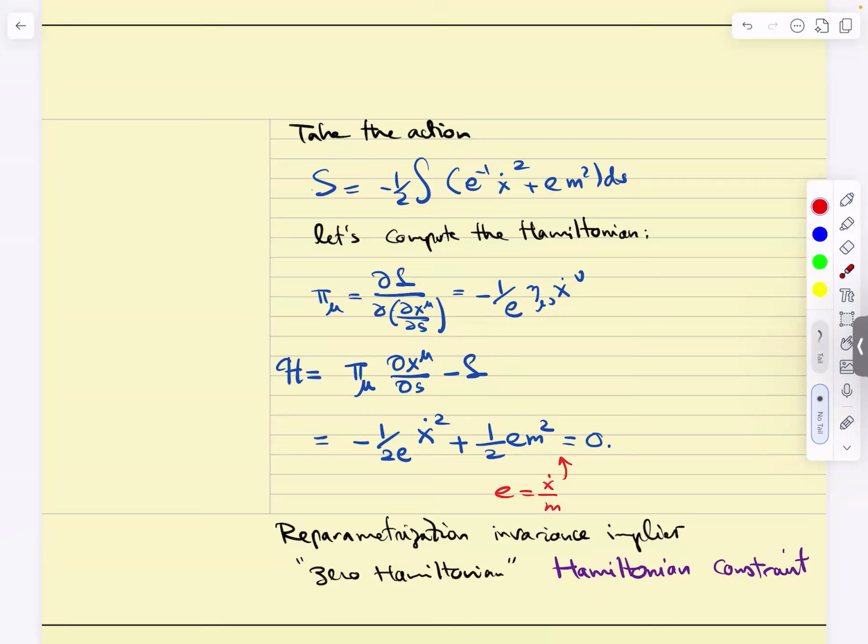So what is a nonlinear sigma model? A nonlinear sigma model is a model where you exactly do this. You have a field theory like this, and this is the target space. You take this target space to be a nice manifold.